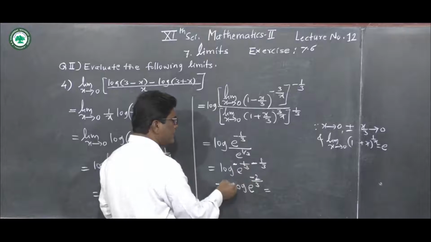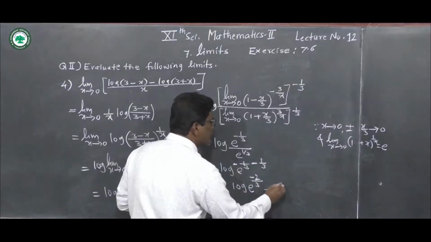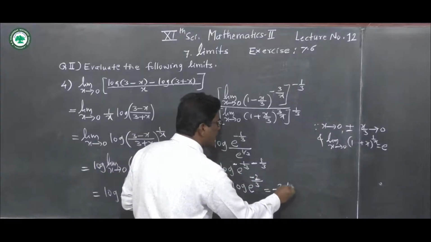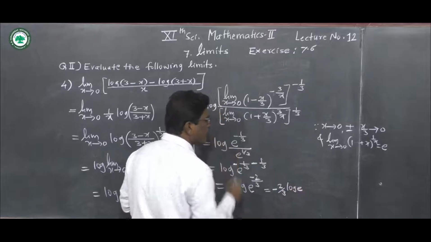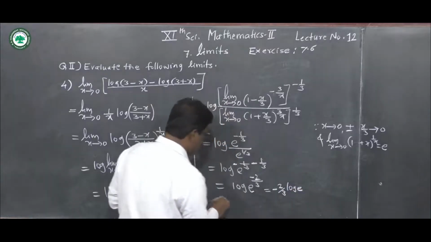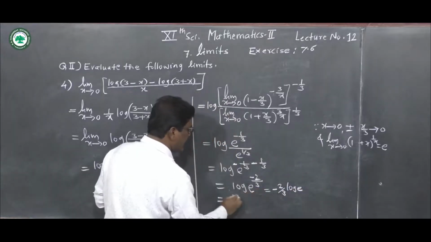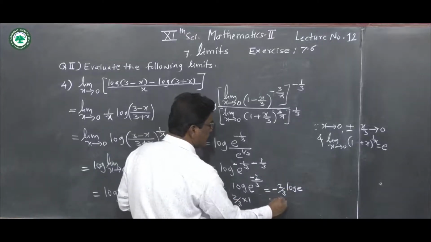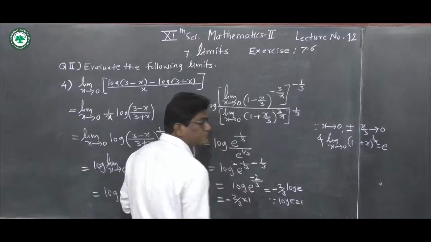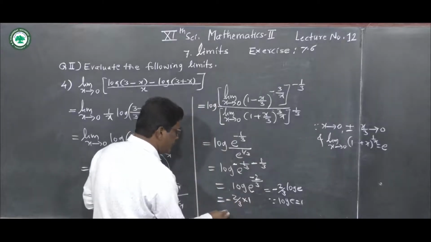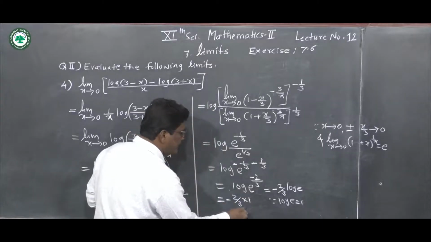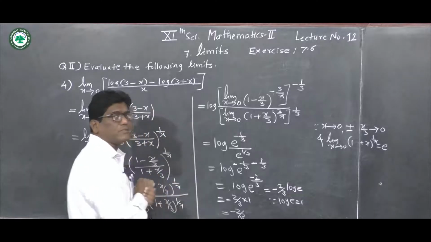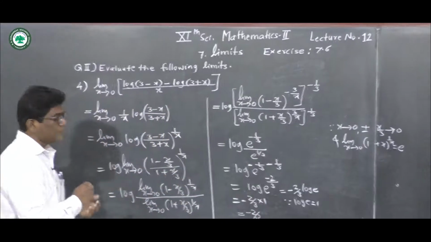So it is minus 2 upon 3 into log of e, and we know that log of e is 1. So minus 2 by 3 into 1 is equal to minus 2 by 3. This is the solution. So in this way we completed the fourth problem.